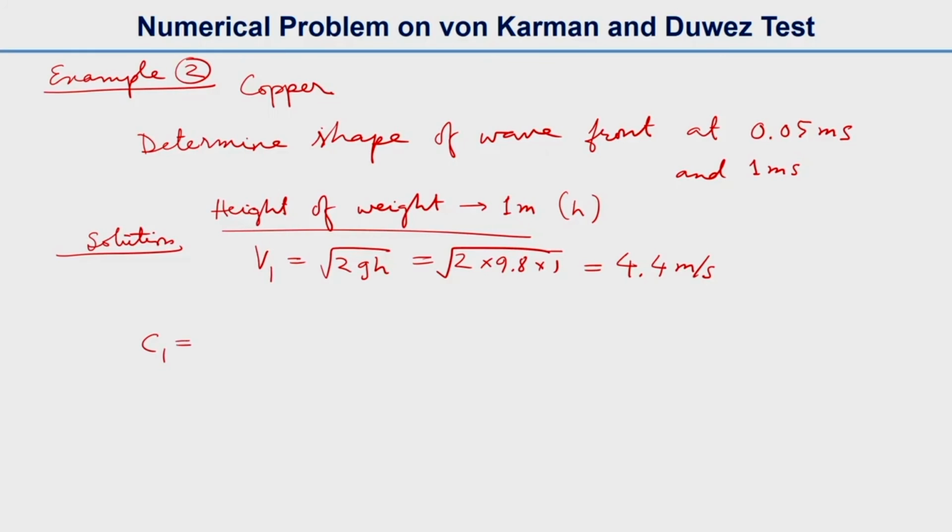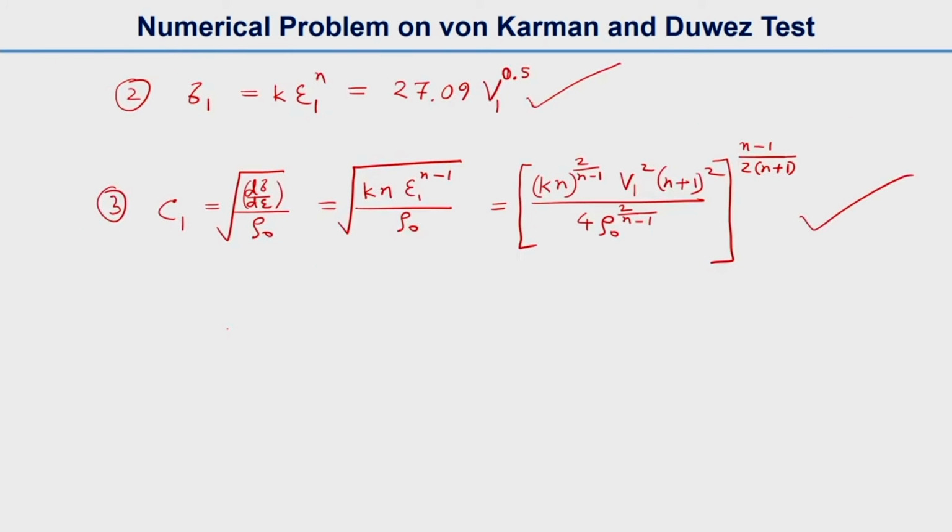And now what we need to find is the plastic wave velocity and elastic wave velocity, so that we can draw the wave profile. So we will now find the plastic wave velocity from what we discussed in the earlier problem, the plastic wave velocity expression from here.